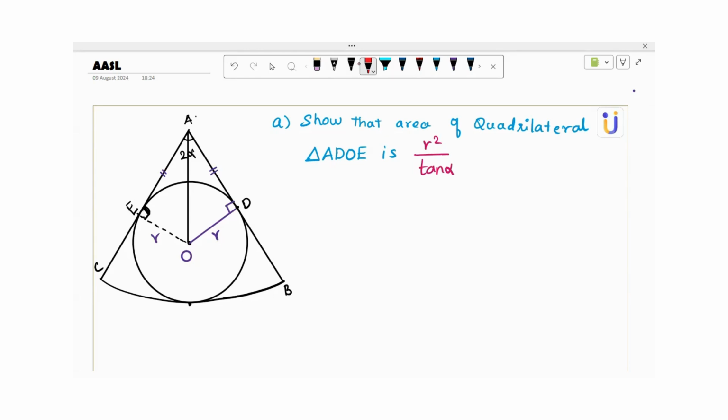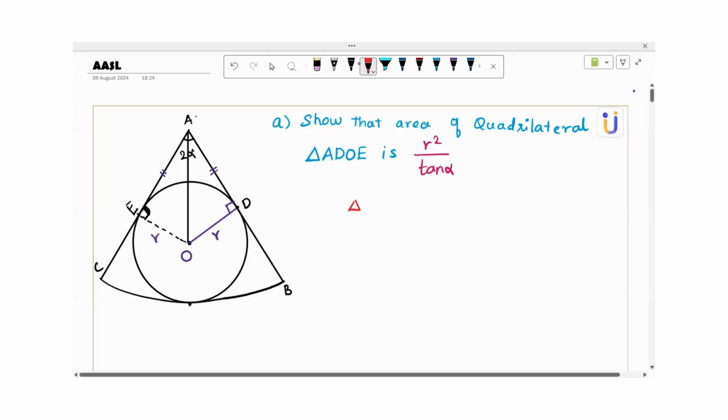So I got two triangles, triangle AEO and triangle ADO, which make the quadrilateral ADOE. Both are right triangles, so it's very simple, and they are congruent. So finding the area of one triangle is enough.